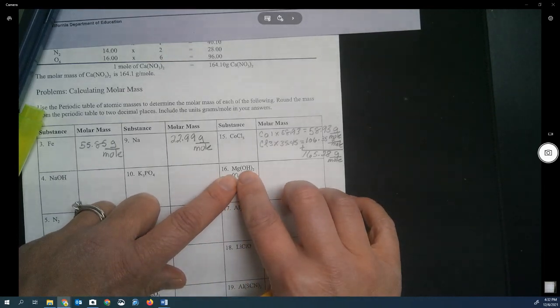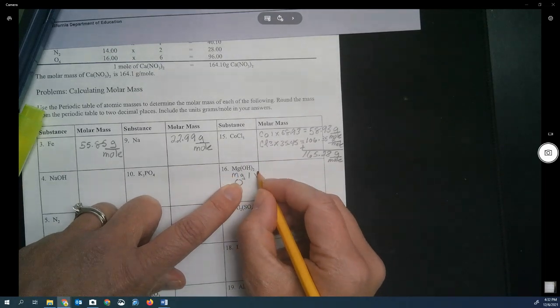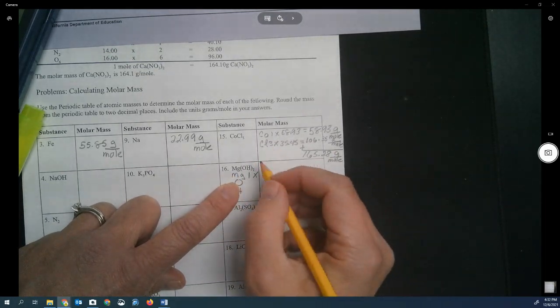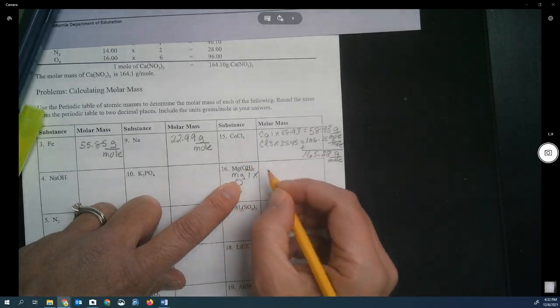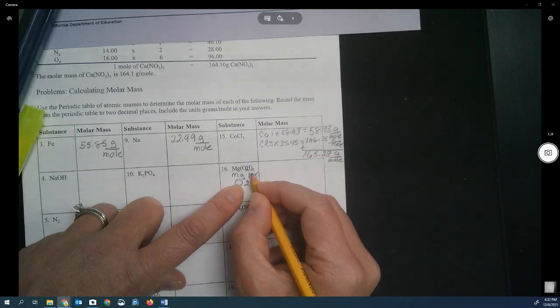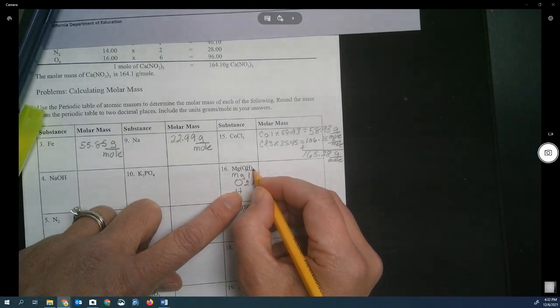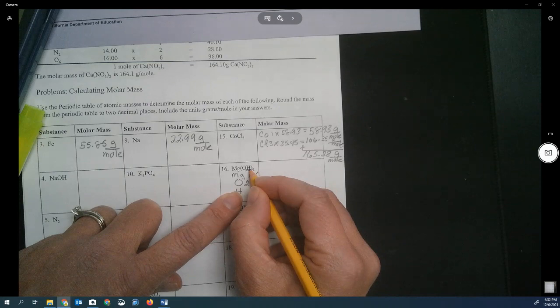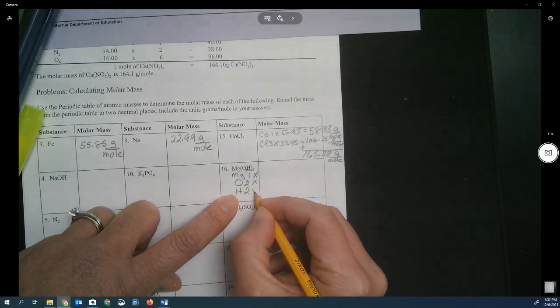My formula does not have a subscript behind magnesium, so it's assumed to be 1. Oxygen is in parentheses. There's a 2 on the outside, so there is 2 times 1, so 2 total oxygens. Same thing with hydrogen. Distribute the 2 to the subscript that's behind hydrogen, which is 1. So I get 2 hydrogens as well.